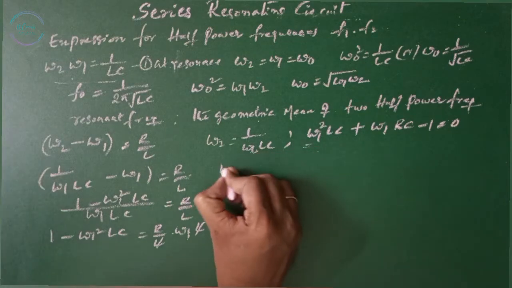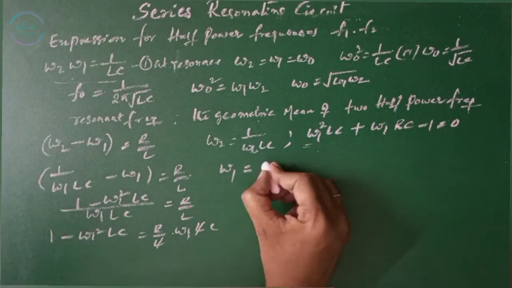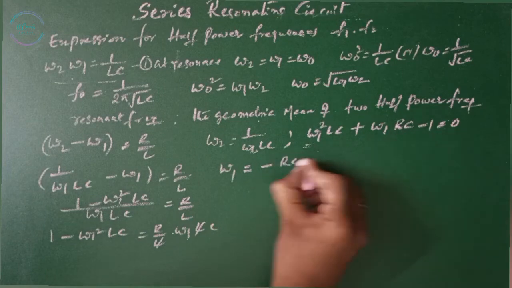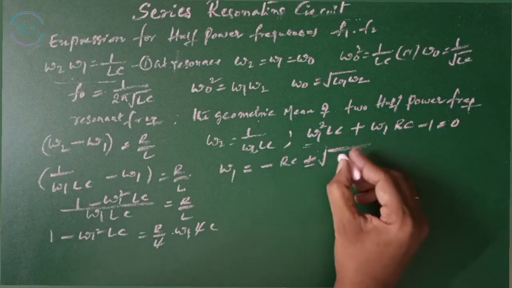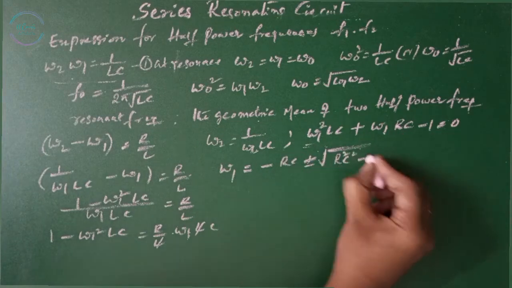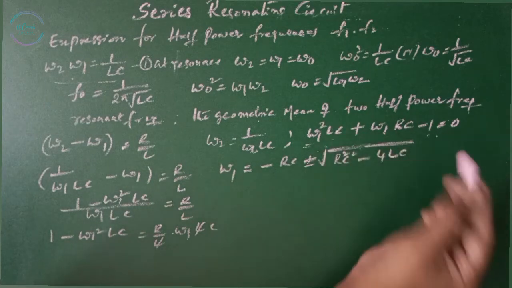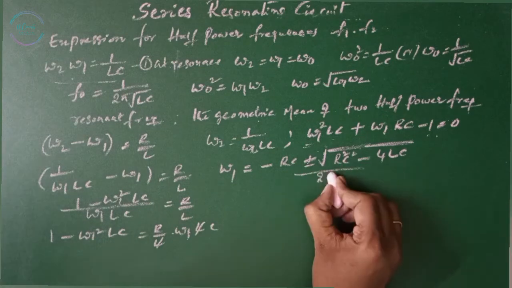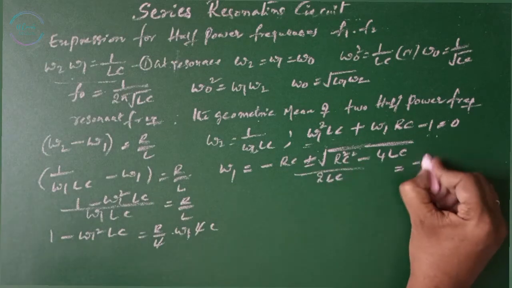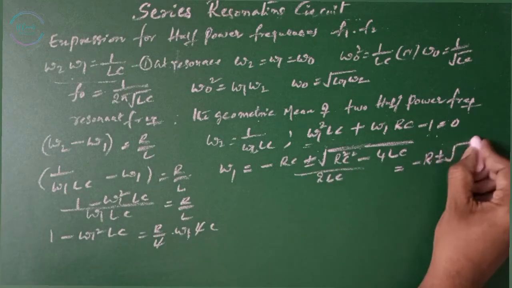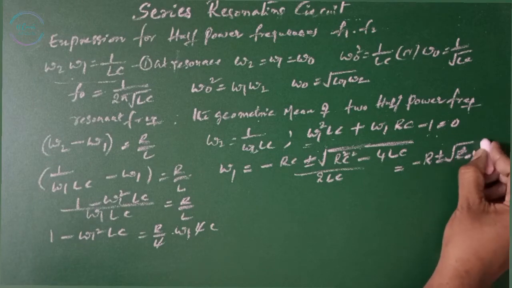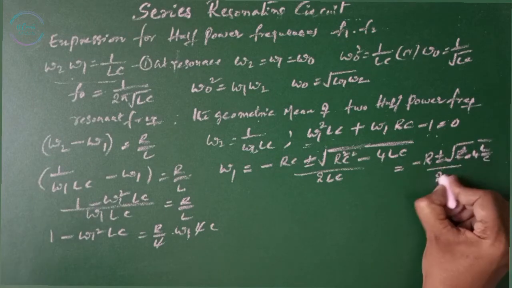The roots for this: omega 1 equals minus B, that is RC, plus or minus the square root of B square, that is RC square, minus 4AC, where A is LC and C is 1, divided by 2A. This will be minus R plus or minus the square root of R square minus 4 L by C divided by 2L.